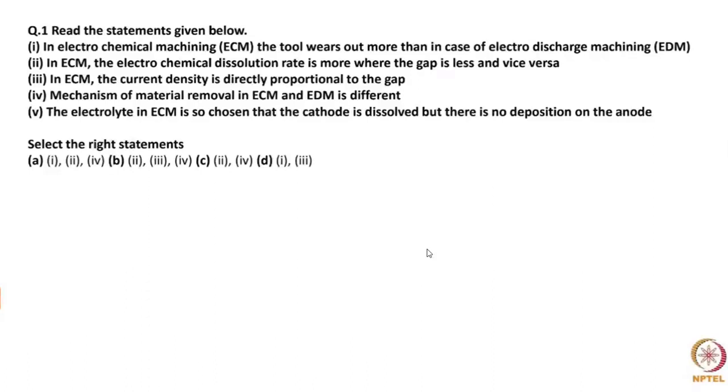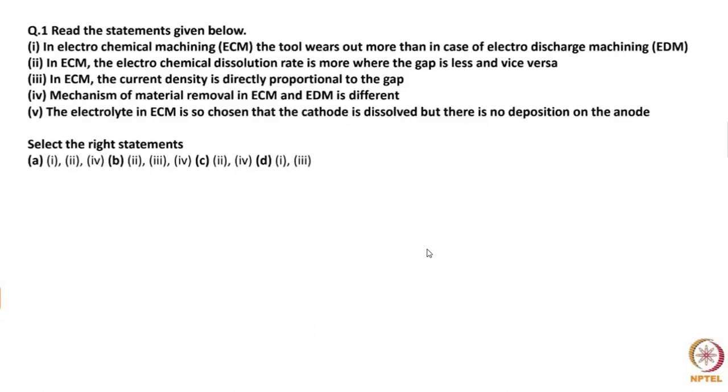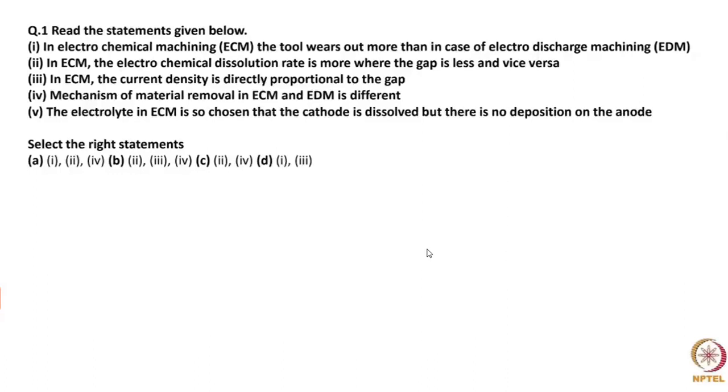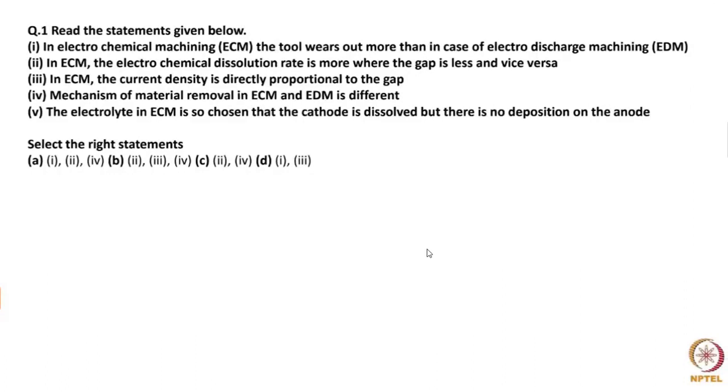After that, we have seen ultrasonic machining, which is essentially another form of unconventional machining, wherein we are imparting the energy in the form of mechanical energy. So there, the abrasive particle laden slurry is being forced through the gap between a vibrating tool and the workpiece.